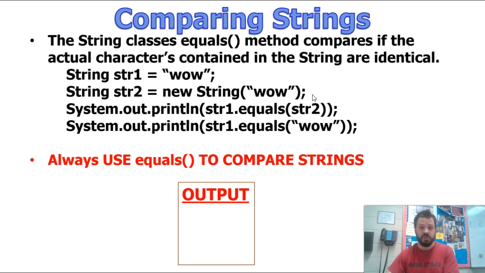Calling that new string constructor, when I use the dot equals, it will evaluate to true, whereas with the equals operator, it wouldn't have. Or if I compare str1 dot equals to just the literal "wow", I'll get true as well, true in both cases, because we're talking about the same characters, the same wows there.